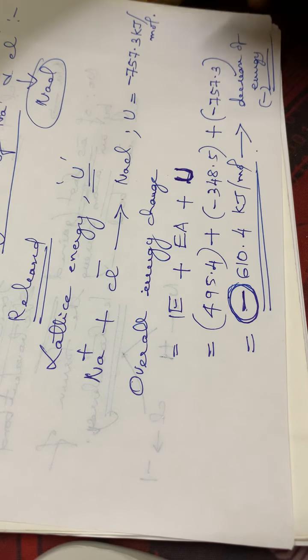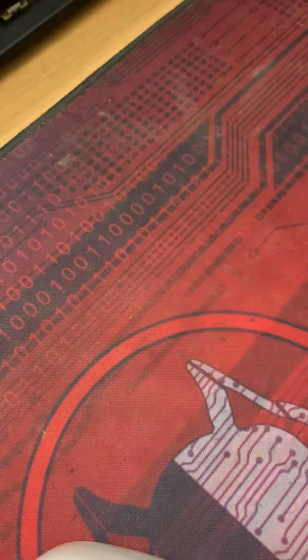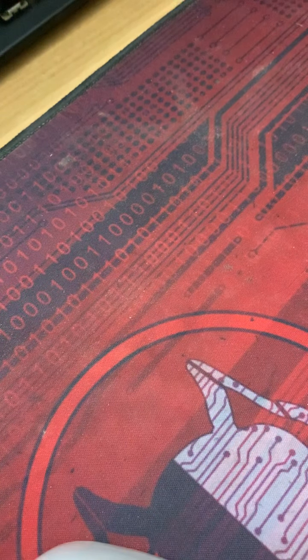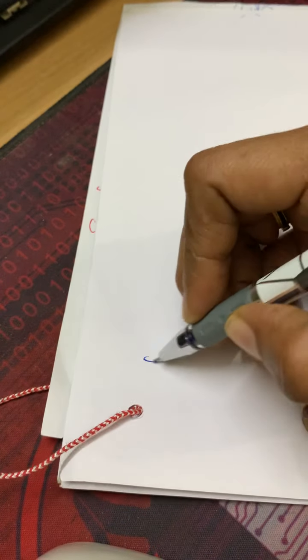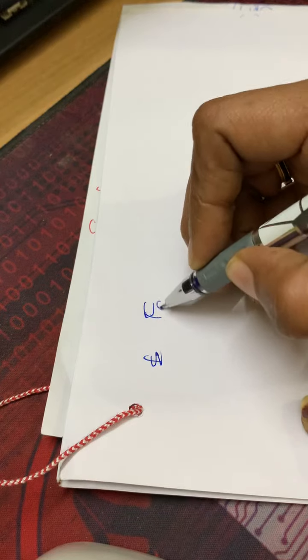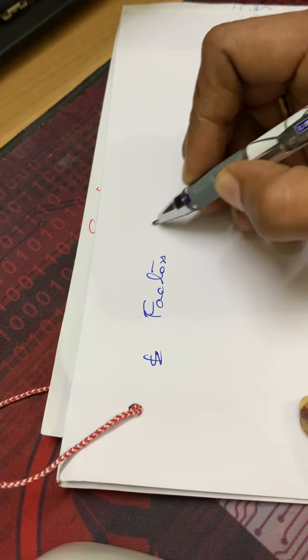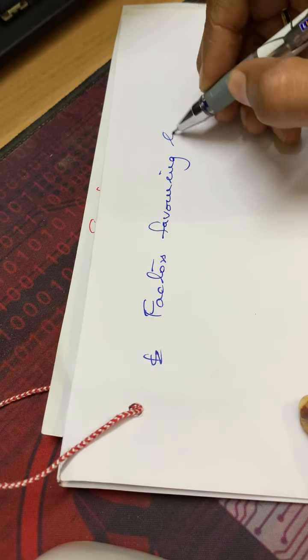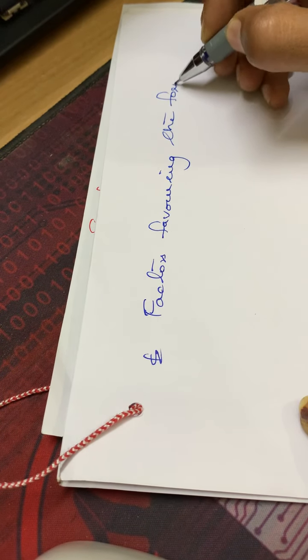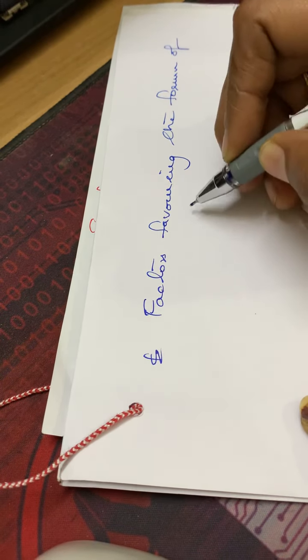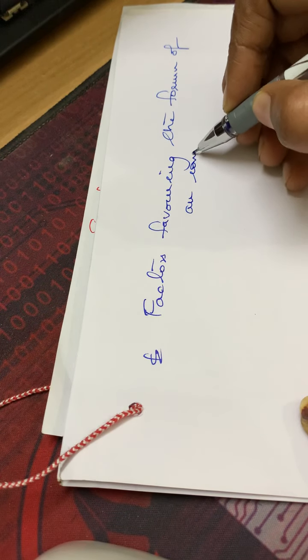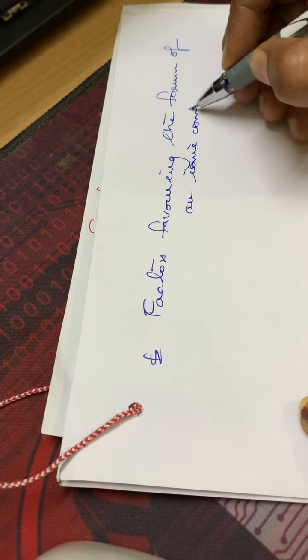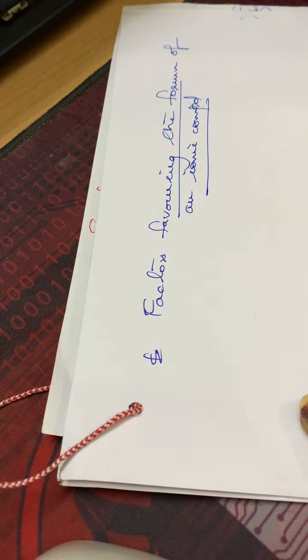Okay. So again we can write the three conditions or the three factors which favor the formation of an ionic compound. Factors favoring the formation of an ionic compound.